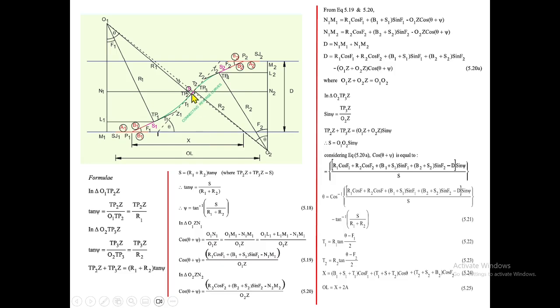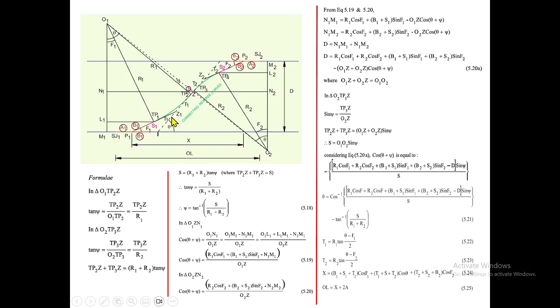In the last design we took d by 2, but here it will not be d by 2. According to the angle, sometimes it will be either this way or that way. So we cannot take only one portion. We have to deal with both sides separately, equate them, and find out the required parameters.